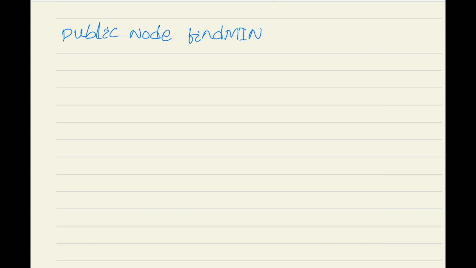Assume the name of the method is find min, and it is taking the parameter node root. Now we can write: if root equal to null, then return null.